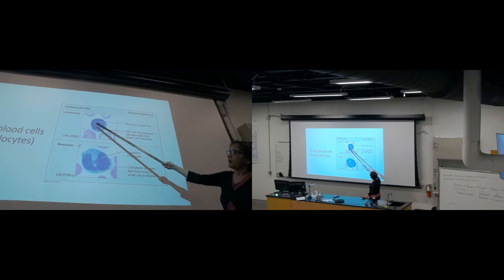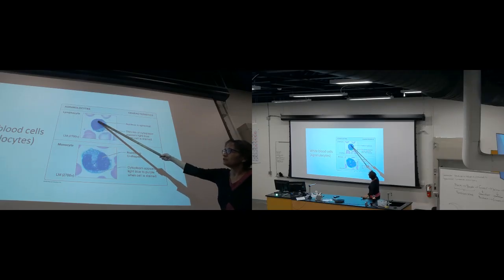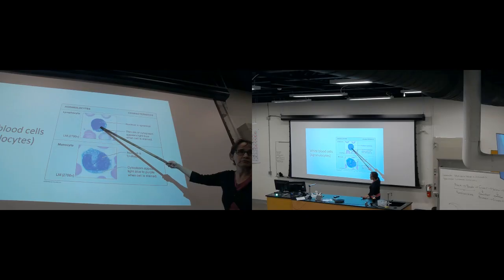When these become active, let's say it's a B cell or a plasma cell, and it starts producing antibodies, the ratio of nucleus to cytoplasm decreases. The nucleus becomes smaller and the cytoplasm increases because you enlarge the rough endoplasmic reticulum to make more antibodies. That's where you make the antibodies.